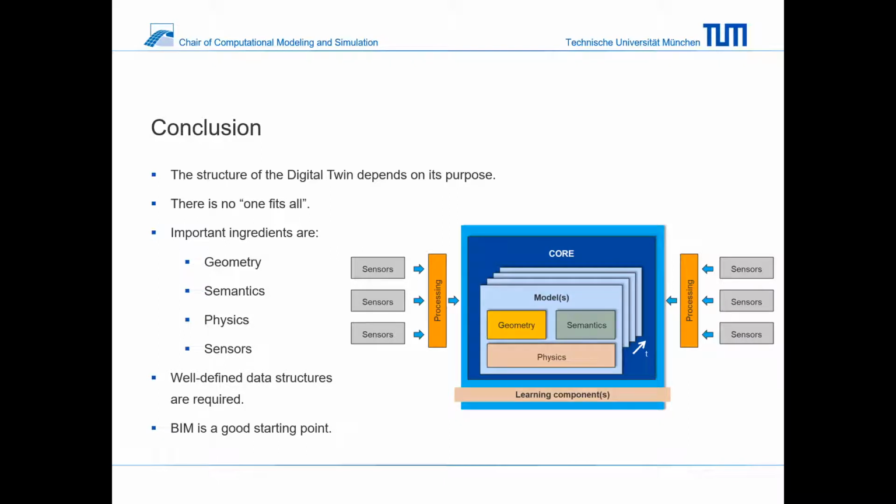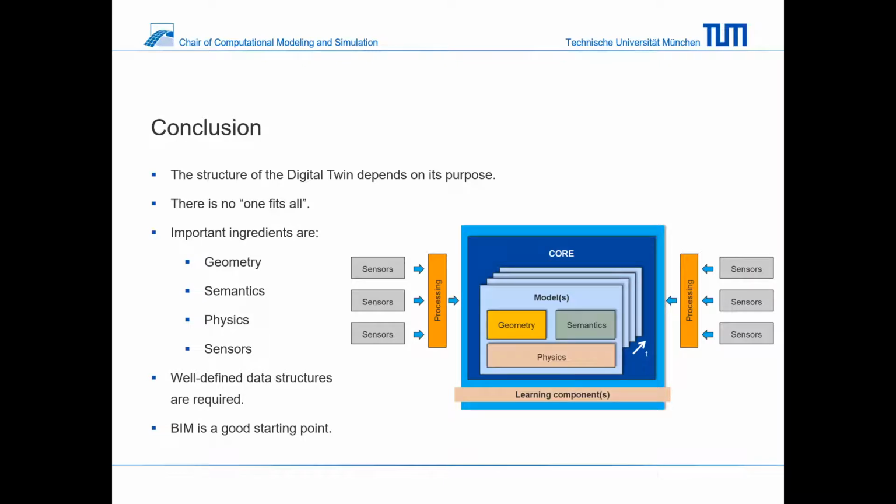What I really would like to emphasize is that we definitely need well-defined data structures, and I totally agree with what has been said this morning, that most of them should be standardized. They should be harmonized also across different companies, across different institutions. And I would also like to emphasize that for me, BIM and digital twins are actually twins.